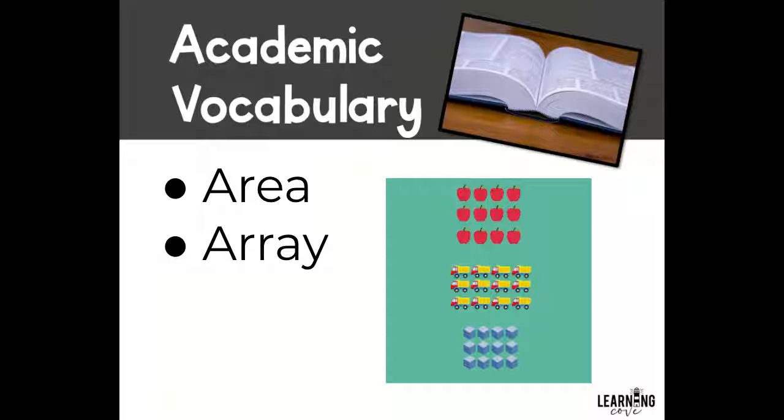Well, an array is an arrangement consisting of equal rows and equal columns. Area. I'm using my pictures as a clue for what I think area is. Area is the total number of square units needed to cover a two-dimensional surface.